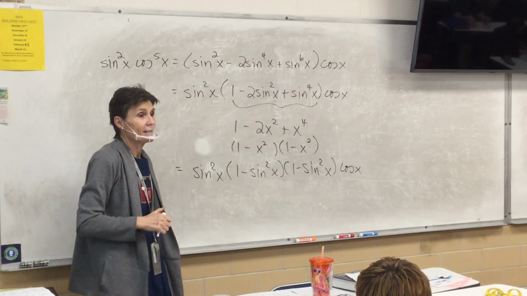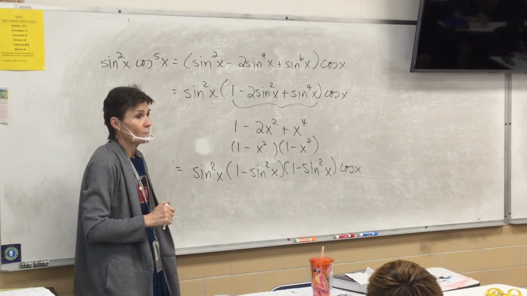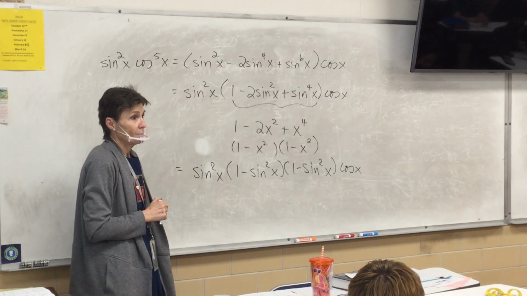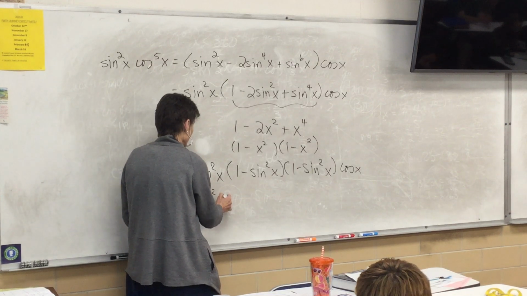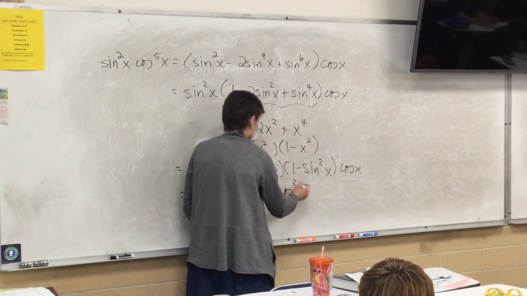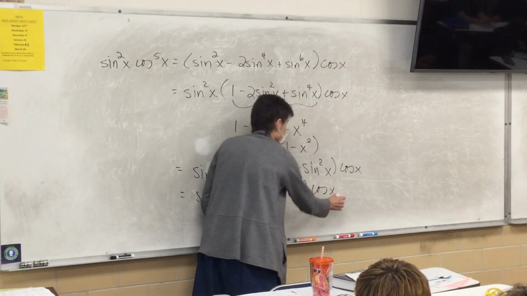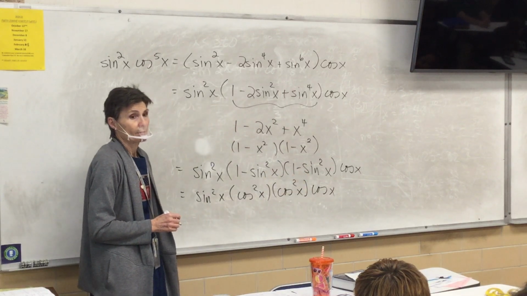What's 1 minus sine squared? Cosine squared. 1 minus sine squared is cosine squared because of the fundamental identity. So you have sine squared times cosine squared times cosine, because these are both cosine squared.